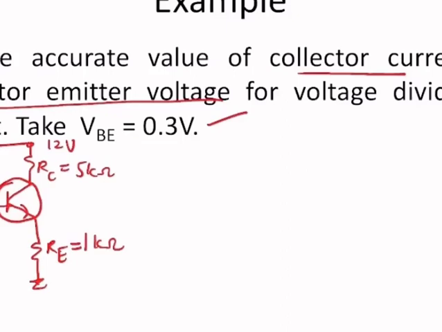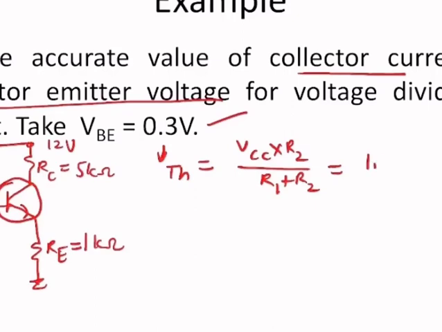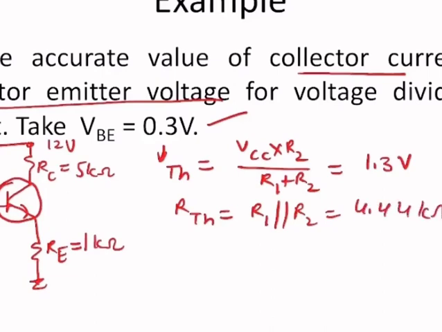When you do accurate analysis, first get the value of VTH, that is VCC into R2 over R1 plus R2. When you put all the given values, you will get VTH is equal to 1.3 volt. RTH will be R1 parallel to R2. When you solve it, you will get 4.44 kilo ohm RTH.